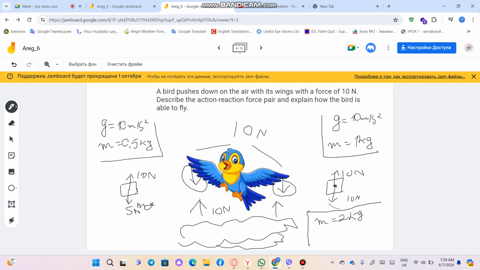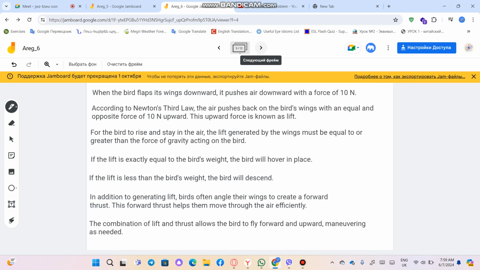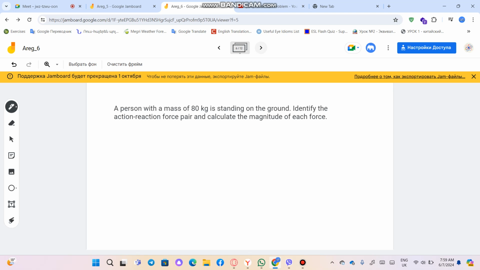It'll go down, because the force exerted from the air on the bird will be lower than its weight. In that case, the bird will start flapping its wings faster, to exert more force from the air on its wings. Okay, did all this concept make sense? Yeah. Okay, so let's move forward.